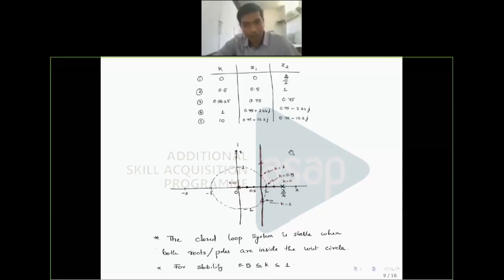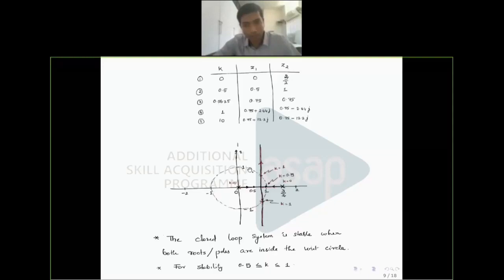So now coming to stability. We are particularly interested in the stability of the system. We know that to be stable in the Z plane, the closed loop poles need to be inside the unit circle. I have drawn the unit circle. We need both the poles to be inside the unit circle for the closed loop system to be stable.